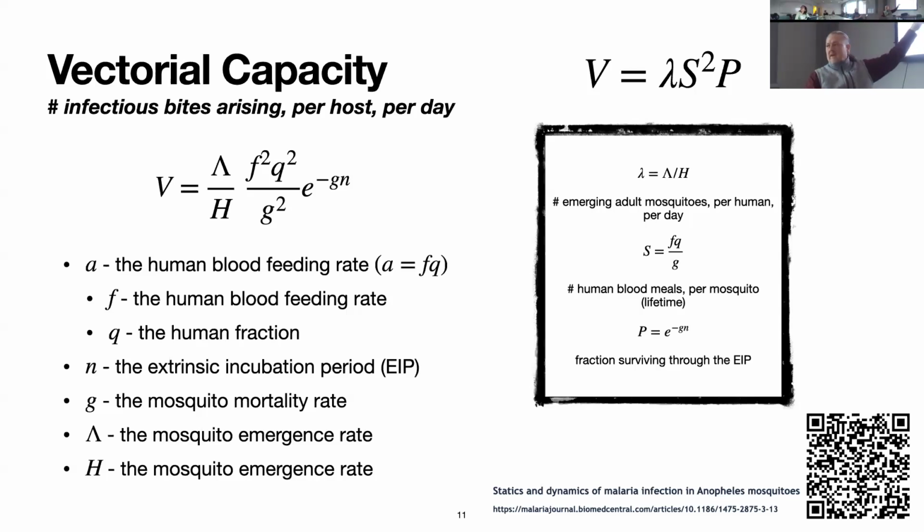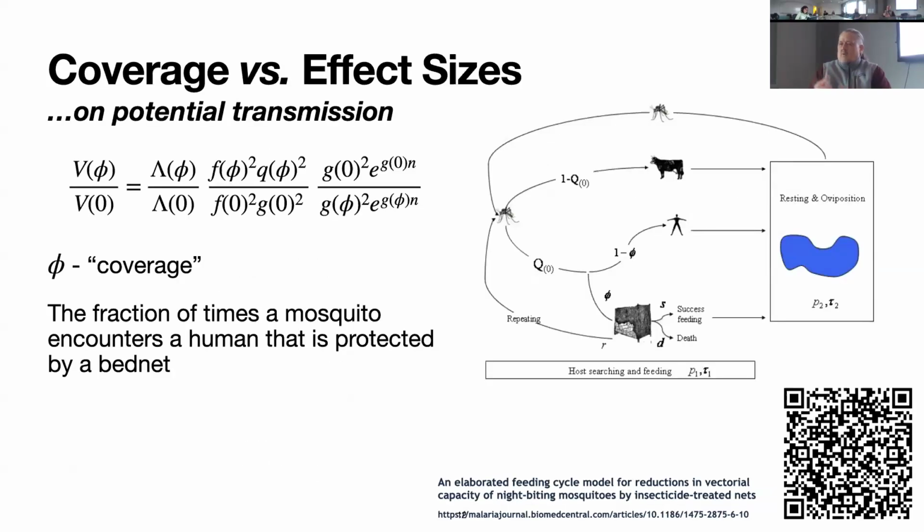Actually, there's a hidden one in lambda. The blood feeding rate F appears twice, and probably there's another hidden one in lambda because mosquitoes turn blood into eggs and lay eggs, so there's some feedback process going on. Anyway, that idea of sensitivity to parameters was really influential, but we wanted to ask a more directed question.